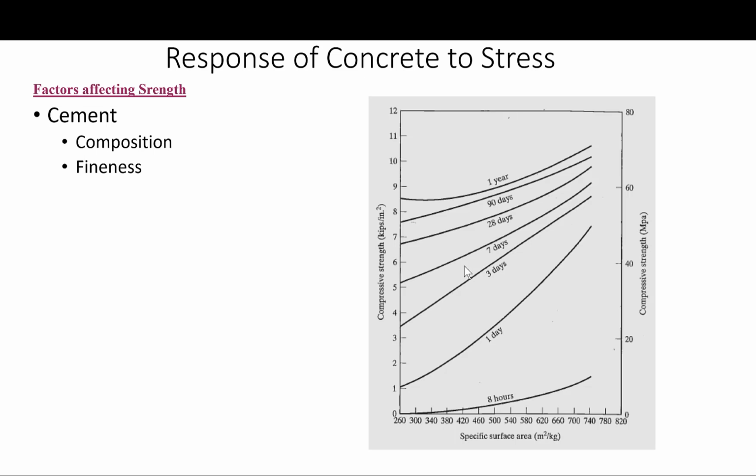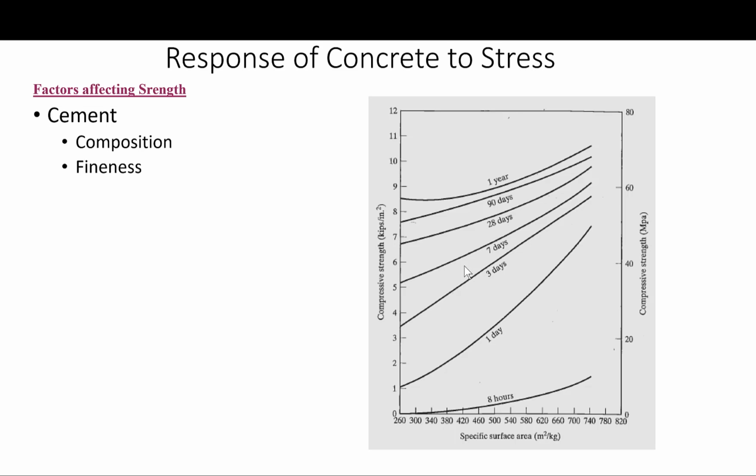Next is really the cement. The effect of the Portland cement on concrete strength depends on the chemical composition and the fineness of the cement. As we discussed previously in the hydration lectures, the strength of the hardened cement paste comes primarily from the C3S, which is tricalcium silicate, which gives the early strength, and from C2S, which gives the later strength.